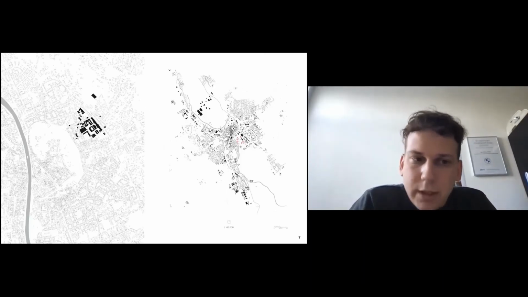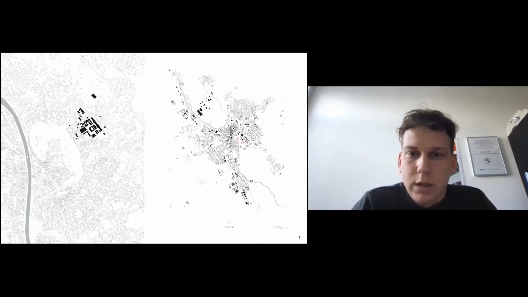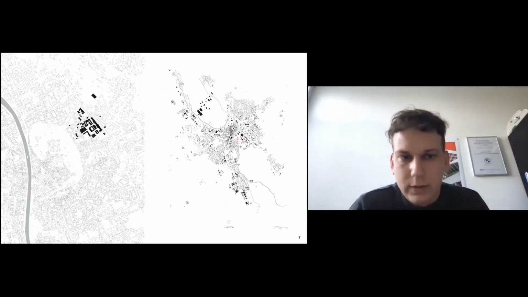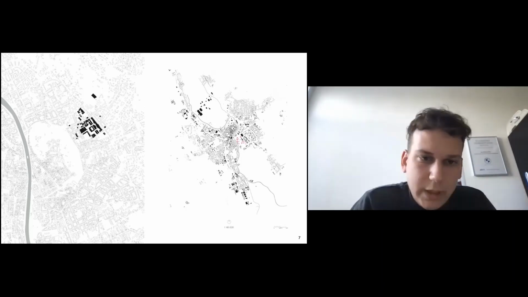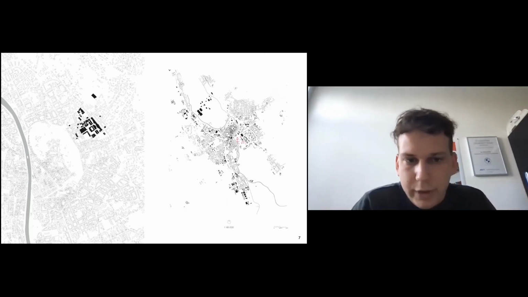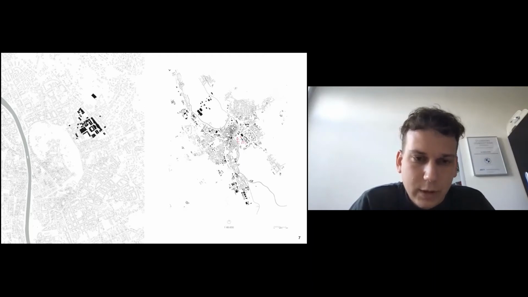As I mentioned in the beginning, the very important attribute is also location of the university campus. So we also collected the maps which show location of university campus, because if it's in the middle, it contributes more to the city, and also the opposite, if it's on the edge, the influence is not that big compared to the one which is in the middle.